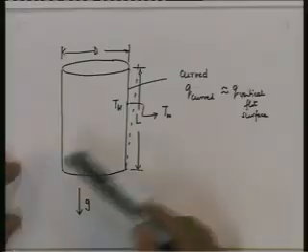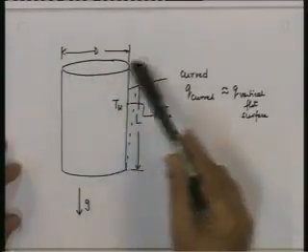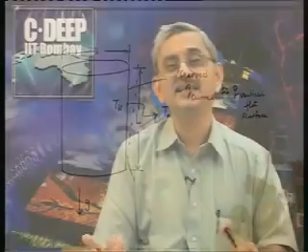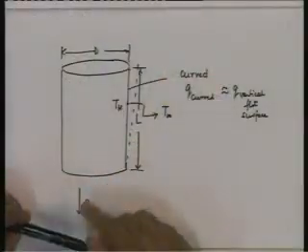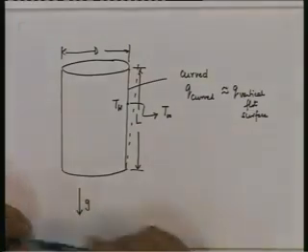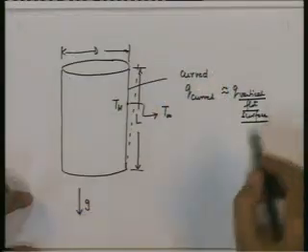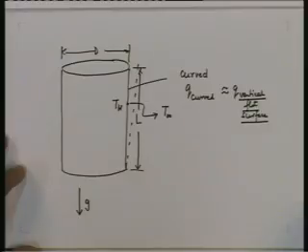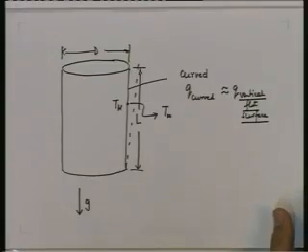And hence, so long as the diameter happens to be a few centimeters, 8 centimeters, 10 centimeters or larger, you can assume that the curvature of the vertical surface is negligible and continue using the correlation for the vertical flat surface. I think that is about enough about vertical flat surfaces.